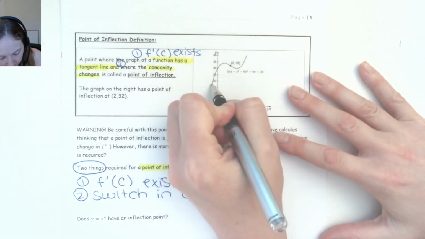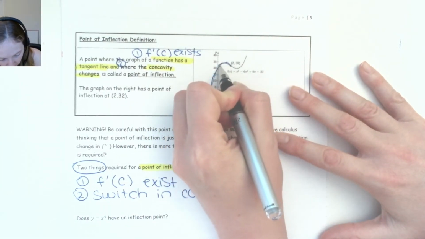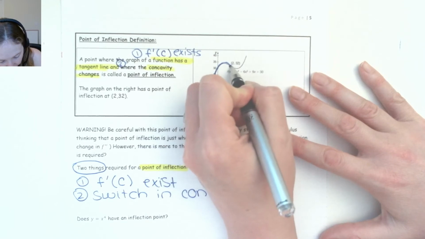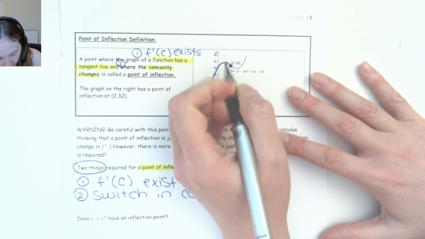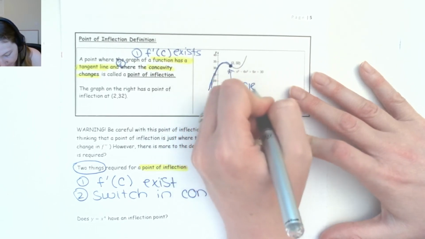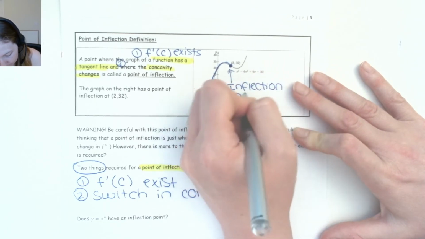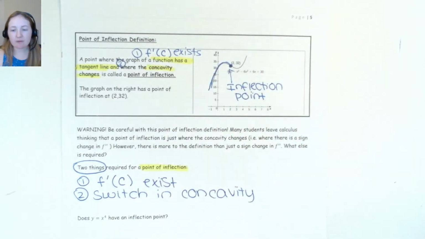So what happens here is you're going concave down, and then this point right here would be your inflection point. That inflection point is where you're changing the concavity.